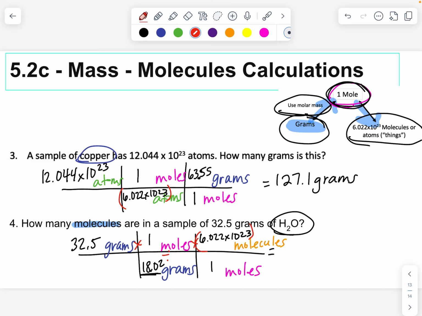That's probably not a bad idea. So my final answer is 1.0, let's say 9 times 10 to the 24th molecules. And I know that it's molecules because molecules is the only thing that doesn't have a match. That's my leftover unit.